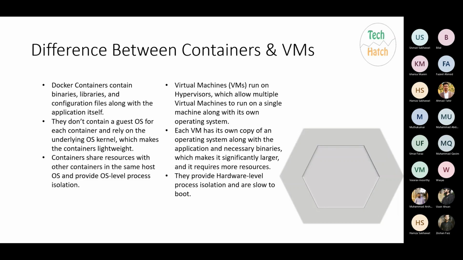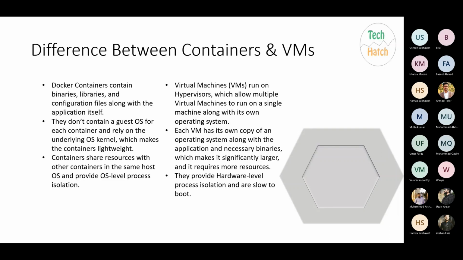The major difference between a Docker container and a VM is that a Docker container will not have a guest OS, and it always relies on an OS kernel which is provided to it, which makes the Docker container lightweight.